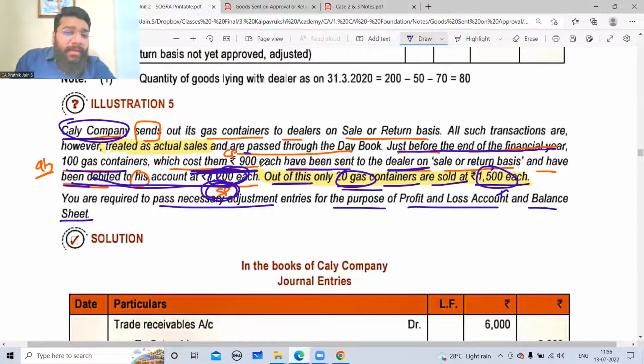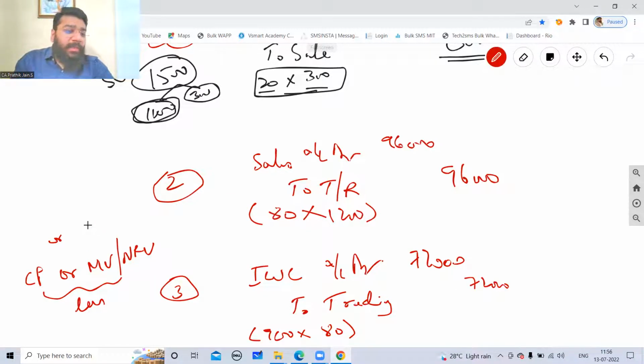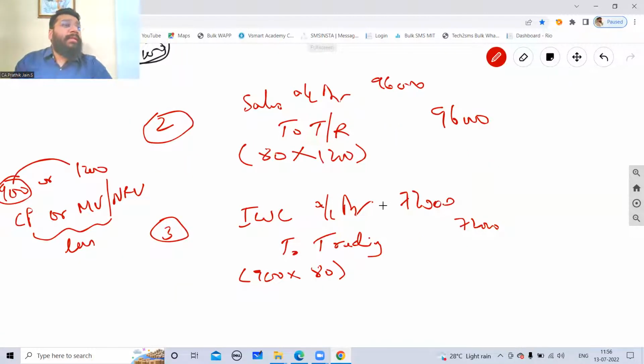Can I say 900 cost price is already given? So 900 into 80, which is how much? 72,000 is my cost price. Yes, market value is 1,200. Cost price is 900. In this, what is less? 900 is less.